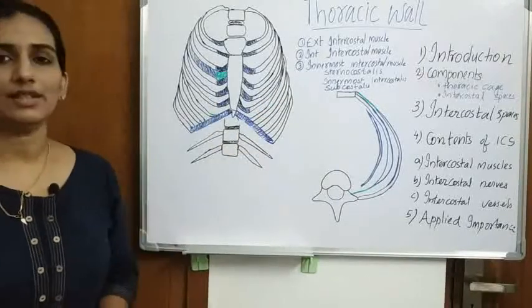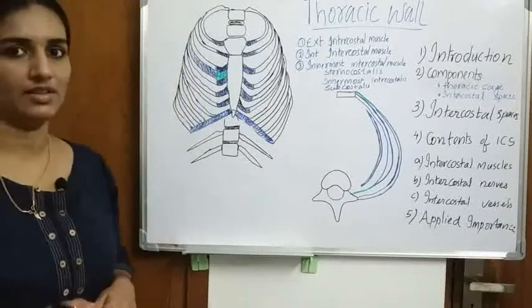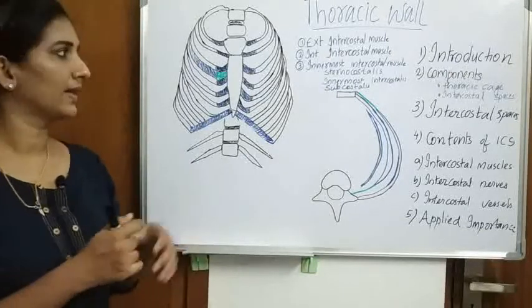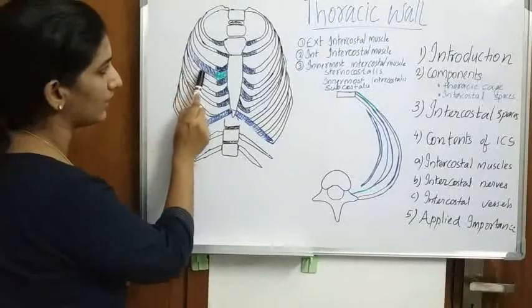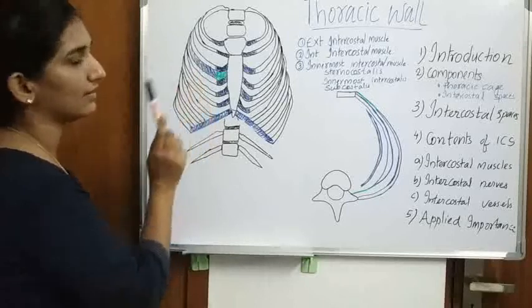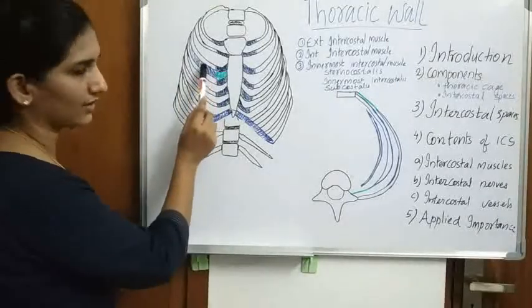The external intercostal muscle takes origin from the outer lip of the lower margin of the rib above, and gets inserted into the outer lip of the rib below. For example, this is the third external intercostal muscle which is present in the third intercostal space.